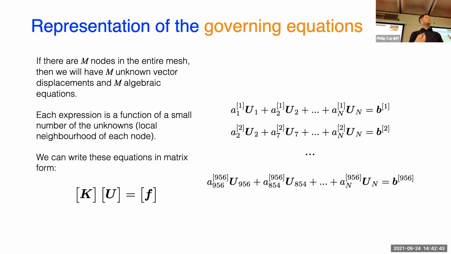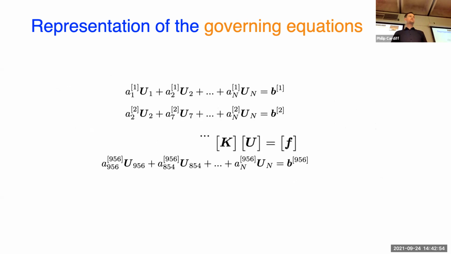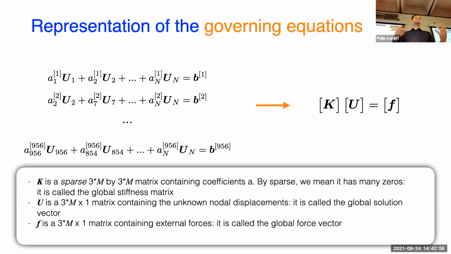So that's where linear algebra comes in. It's just manipulating these large systems of algebraic simultaneous equations. If you've done a maths course in linear algebra, you would have talked about how to solve simultaneous equations using matrices. In this case, we can comment on something. This K matrix is a sparse matrix. Sparse just means it's mostly zeros.